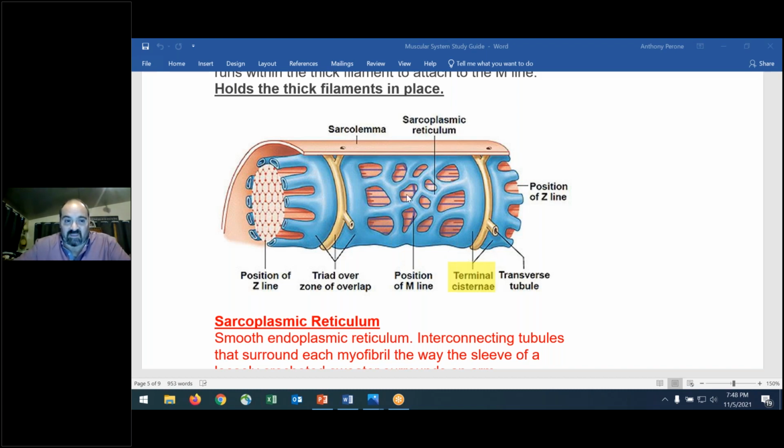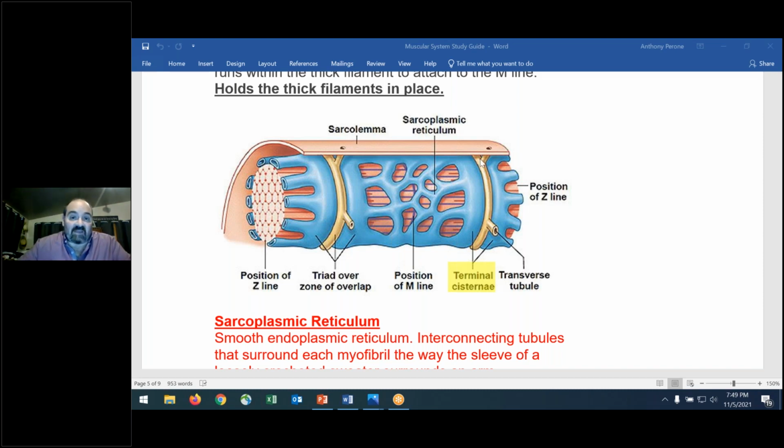And so what you're seeing here is that we have this sarcoplasmic reticulum in blue. This contains the calcium. Here is the terminal cisternae in blue, the portion of the sarcoplasmic reticulum. And then the T-tubule is this structure here, which allows for the action potential, the bioelectricity, to pass between and inside of the muscle fiber.